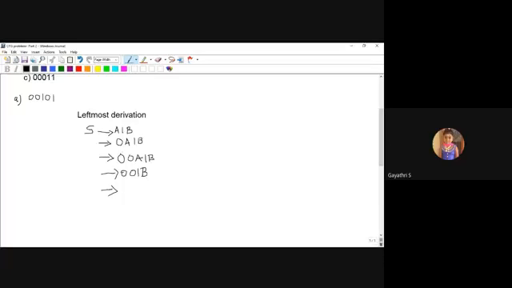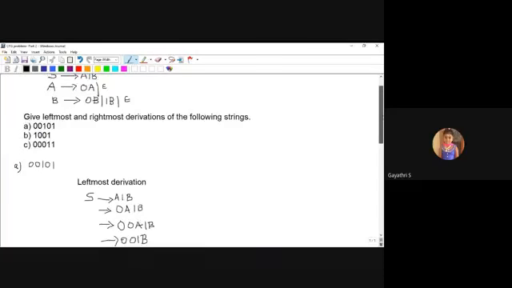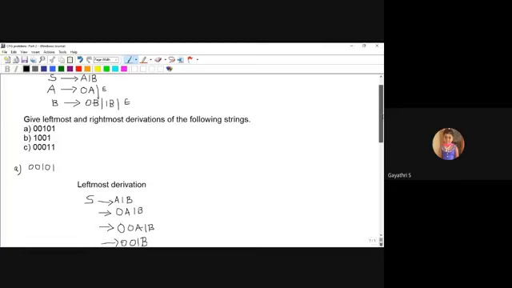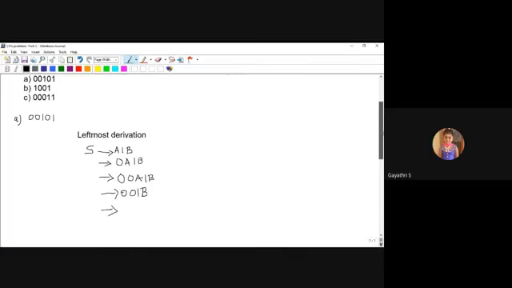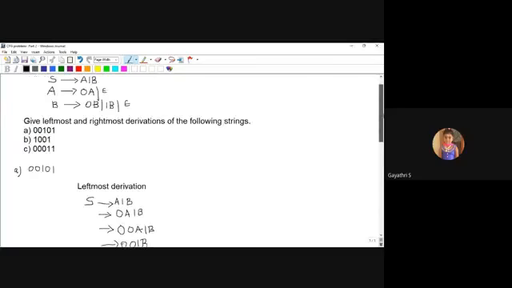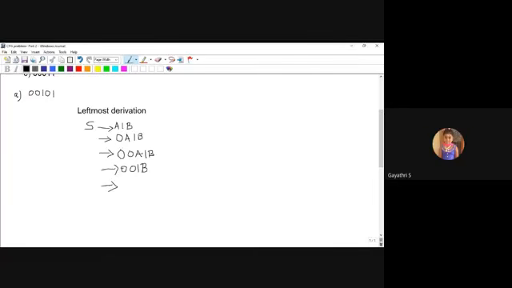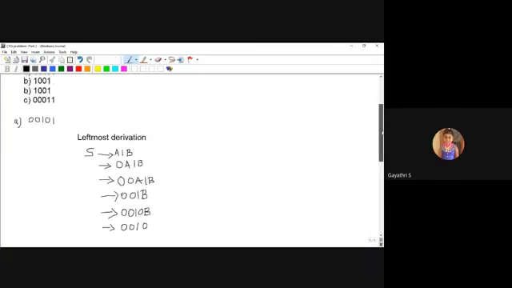Actually, three rules are available for B. First I will choose 0B. It's based on your choice; you have to pick the right choice at the right place. So for B, I will choose 0B. Again for that B, I will choose 1B, giving 0010 and replacing B with 1B.